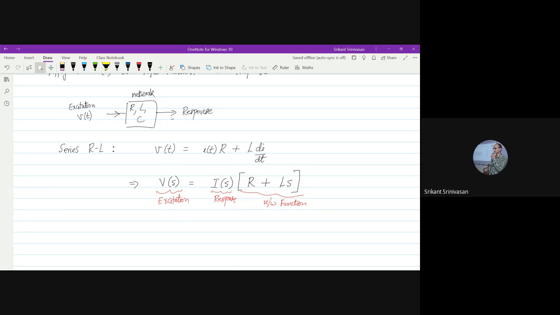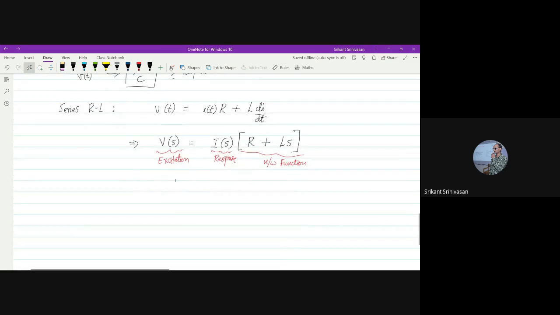Right now, what was the excitation I applied? I applied a step function, V is equal to V naught into U of t. What if I were to apply a delta function?